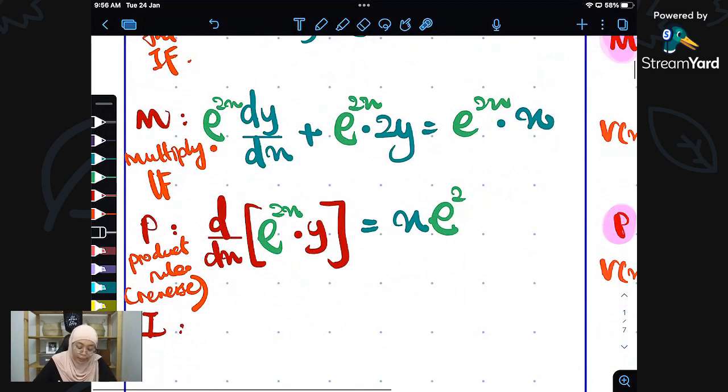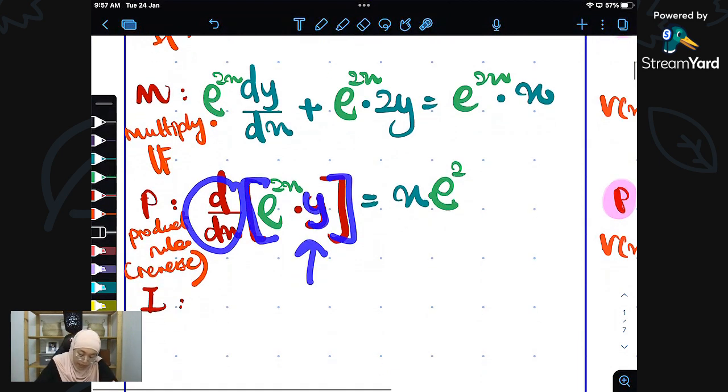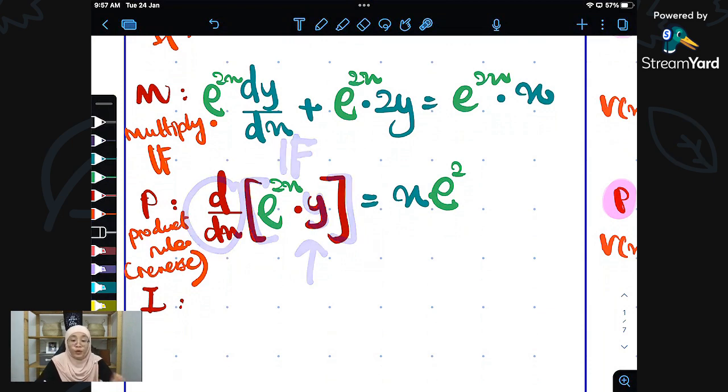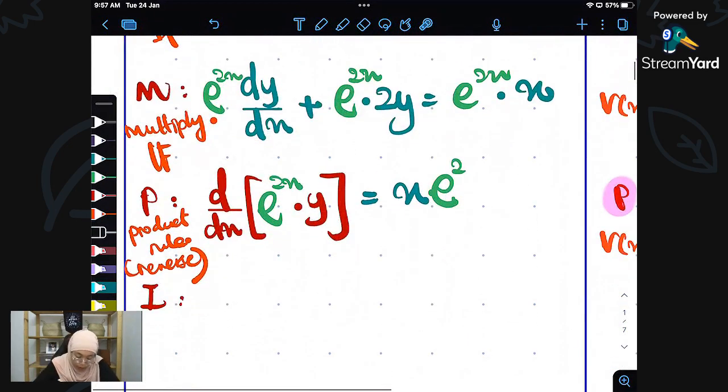That's why I said you must memorize d dx times it. d dx differentiate the variable y, but you must times it with the if. Okay, the integrating factor of this question lah. So lain soalan, lain integrating factornya sendiri.